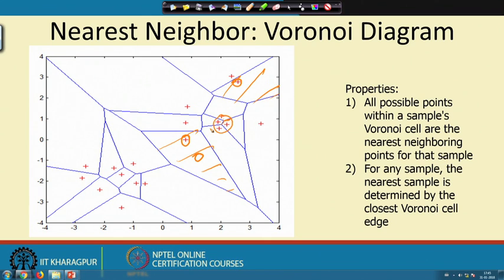So, this Voronoi cell is equivalent to the 1NN rule. You just put it into the same class as the point. So, this is the geometric interpretation. You will need it in some future discussion.